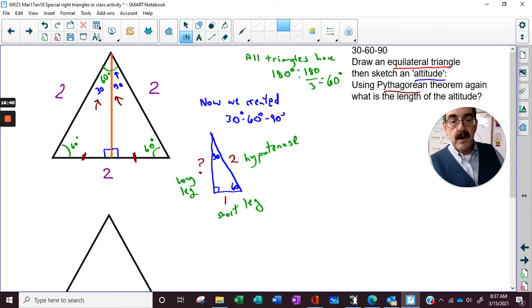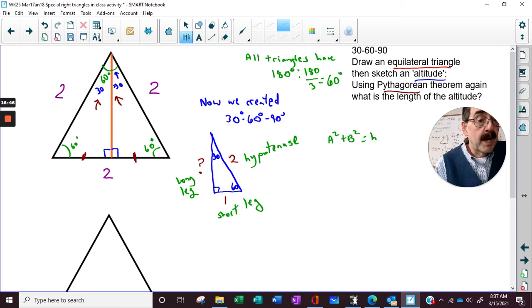Now Pythagoras taught us a squared plus b squared equals the hypotenuse squared. The hypotenuse is across from the 90. That's the angular one. Now, in this case, short leg is 1 squared. The long leg we don't know, but we do know the hypotenuse is 2 squared.